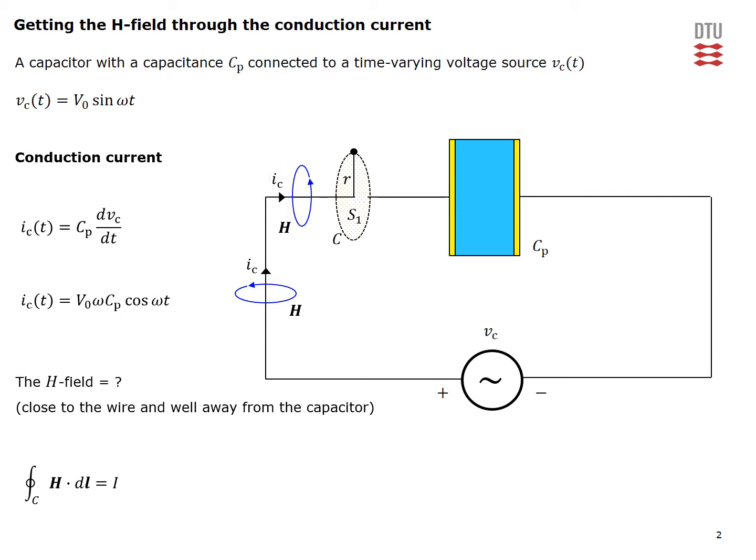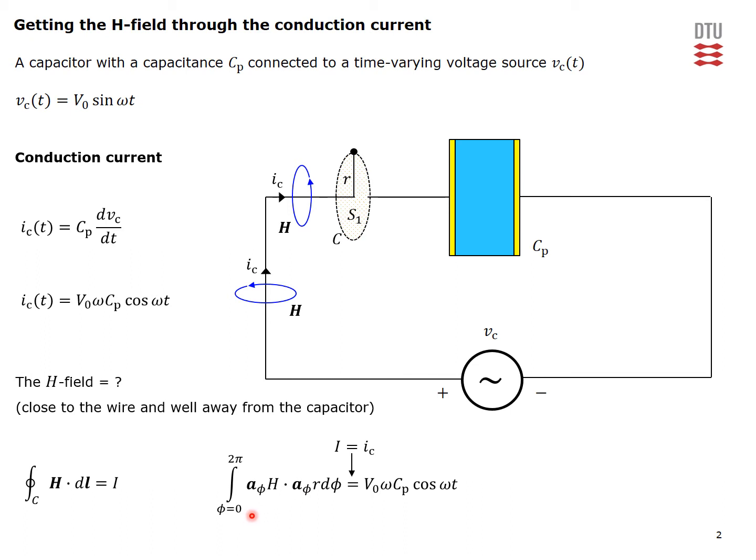On account of this symmetry, it is fairly straightforward to determine the magnetic field intensity at this particular point. The left-hand side of Ampere's circuital law is given by the expression here. In the situation illustrated, the H field will only have a phi component, and this is the typical dl element on that integration path.